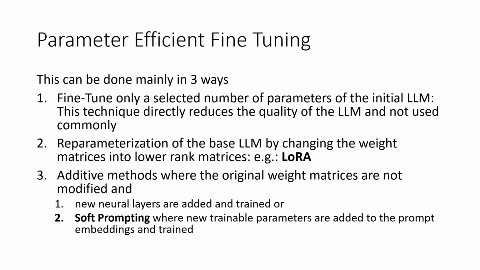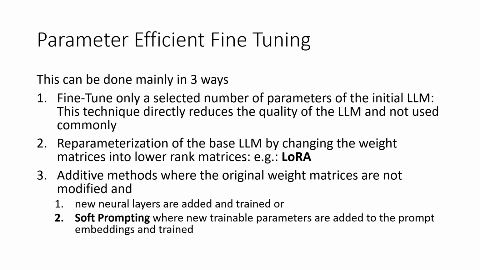So in this case you can add new layers of neurons, or there's another technique known as soft prompting, where you are adding new word embeddings for the inputs for the embedding space, while you are freezing all the existing parameters and embeddings.